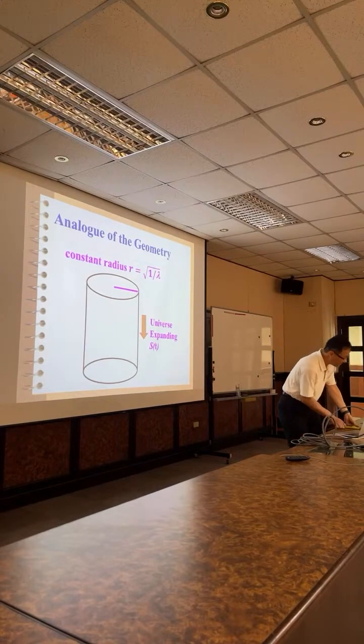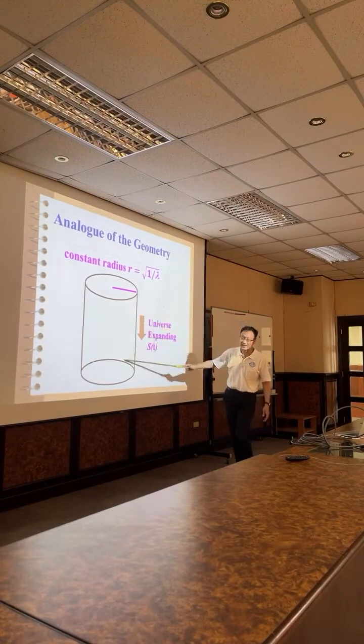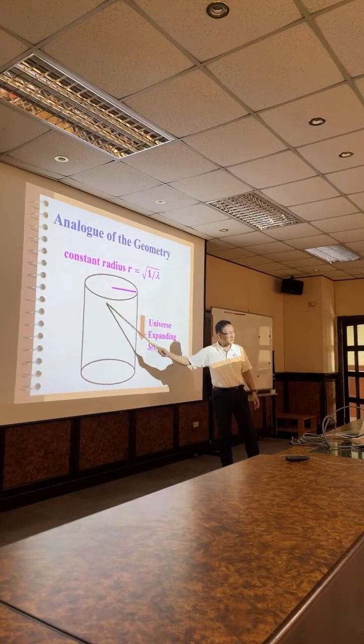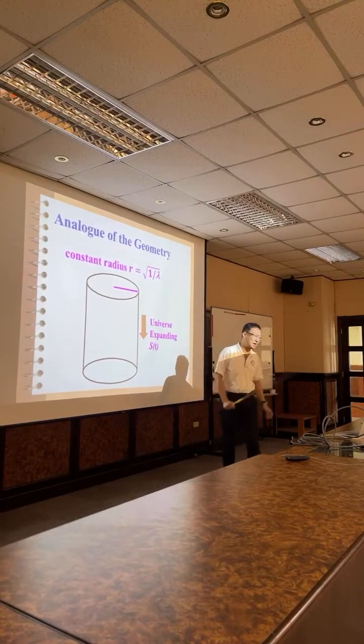We are embedded in a very big universe. Usually, we just live on this surface, so we only feel limits in this direction. We don't feel this curvature, and this curvature becomes the cosmological constant.